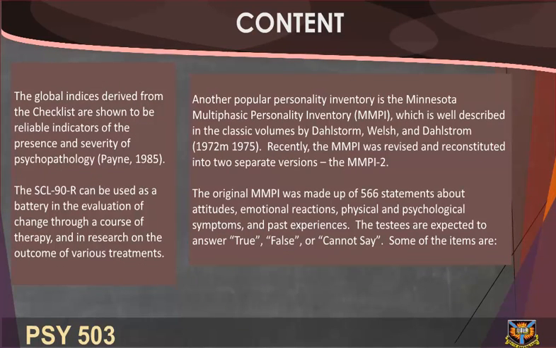The global indices derived from the checklist are shown to be reliable indicators of the presence and severity of psychopathology, Payne, 1985. The SCL-90-R can be used as a battery in the evaluation of change through a course of therapy and in research on the outcome of various treatments.